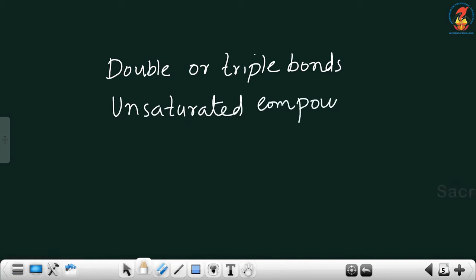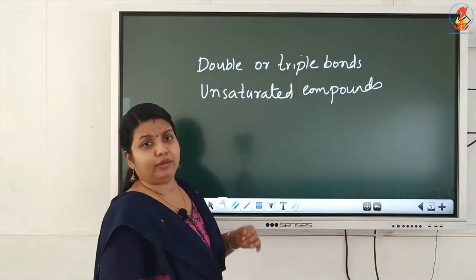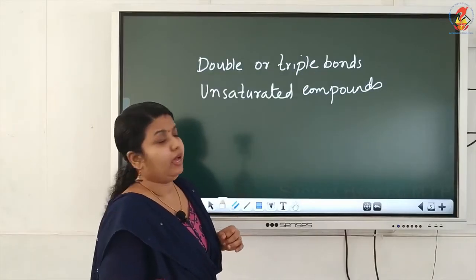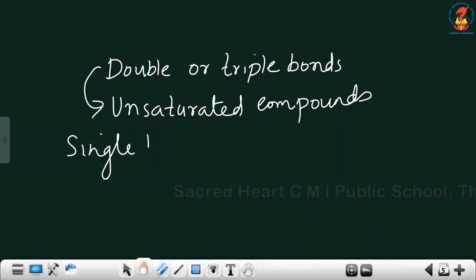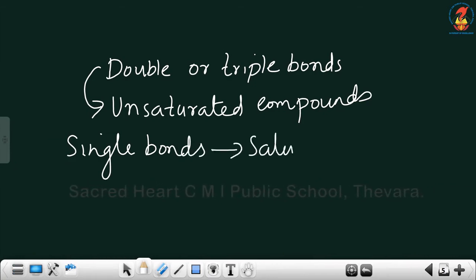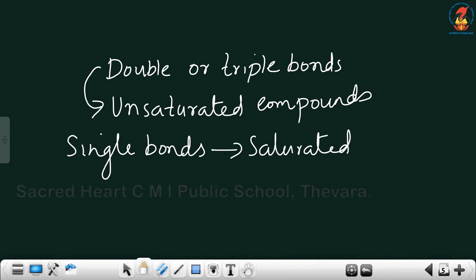Compounds where carbon atoms are joined together by means of double or triple bonds are known as unsaturated compounds. If all the bonds between carbon atoms are single bonds, we call them saturated compounds.